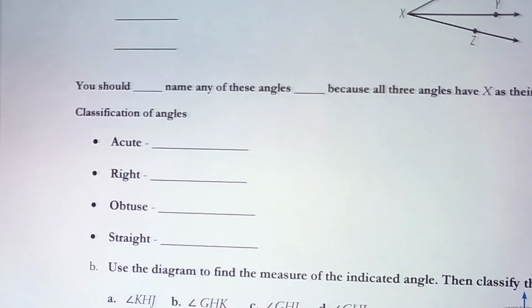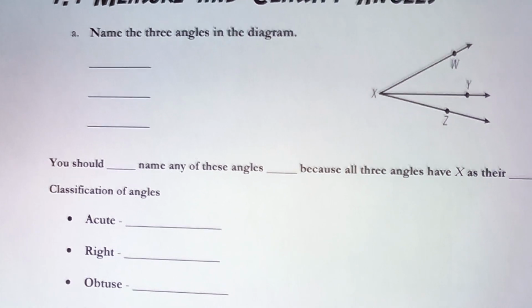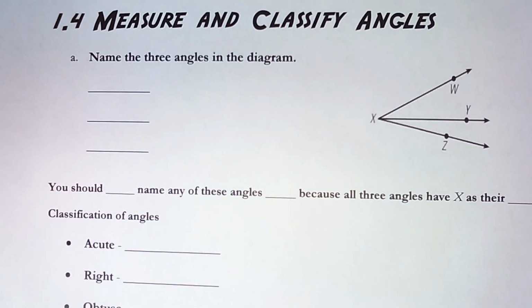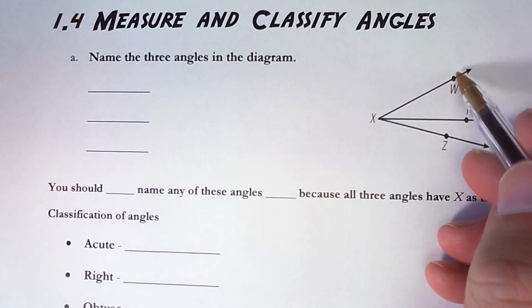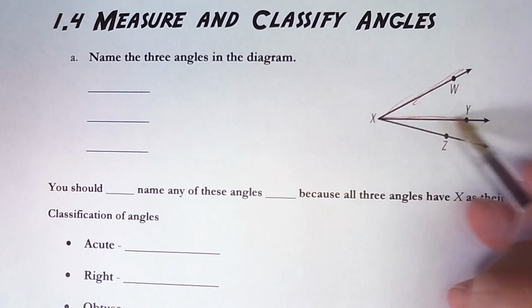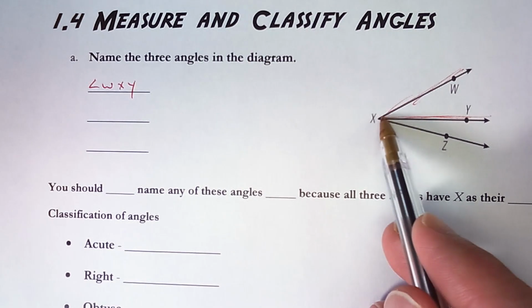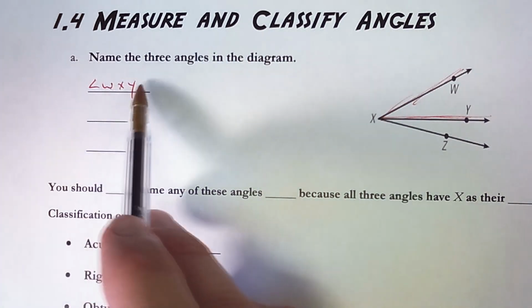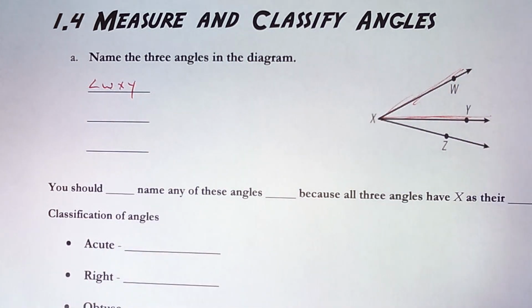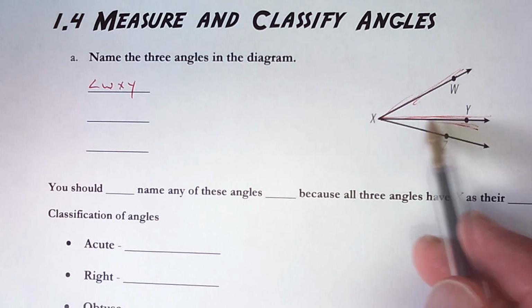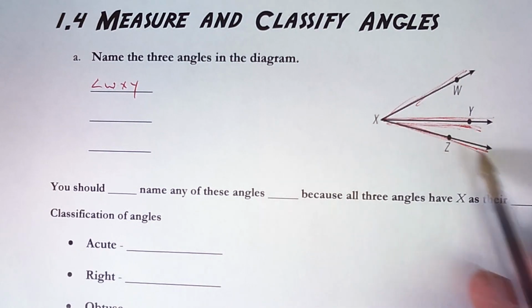Okay, name 3 angles in this diagram. So I see angle WXY. X is the vertex. W and Y are on the sides. I also see angle ZXY.